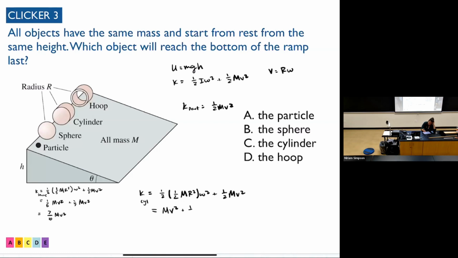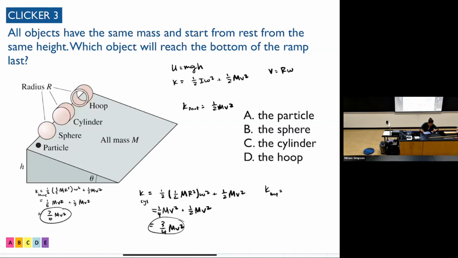Sorry, I've forgotten how to do algebra and just arithmetic. So here the sphere is 7/10, this is 3/4, and then last but not least, the hoop.